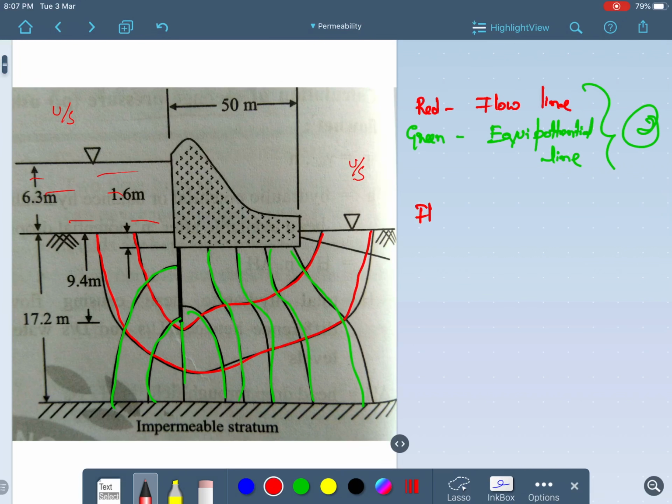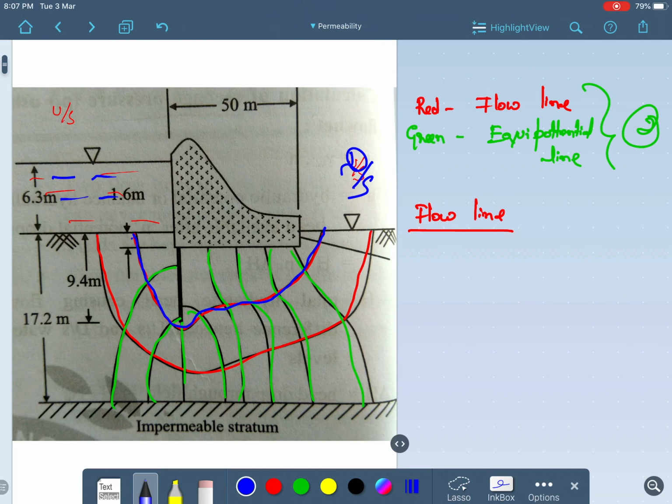First of all, the flow line is the path traced by an individual water particle. See here, there is water in the upstream side which is getting percolated through this point, and it is moving in this direction and reaching the downstream side of the dam.